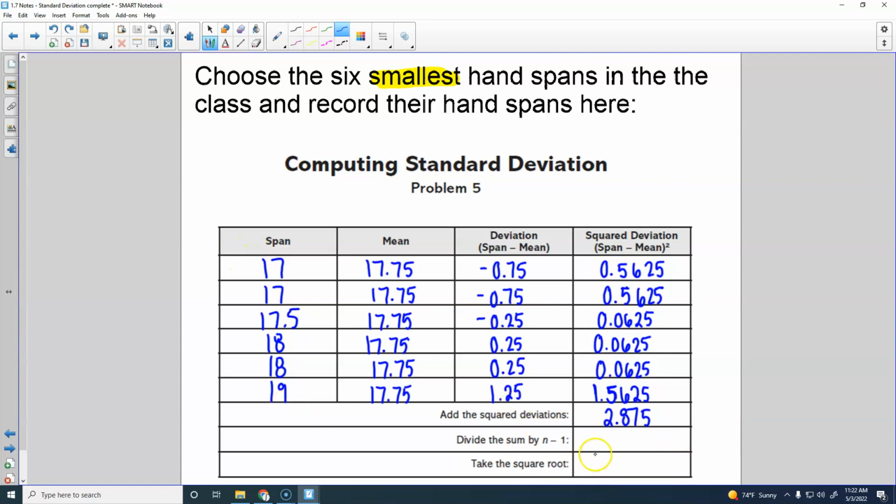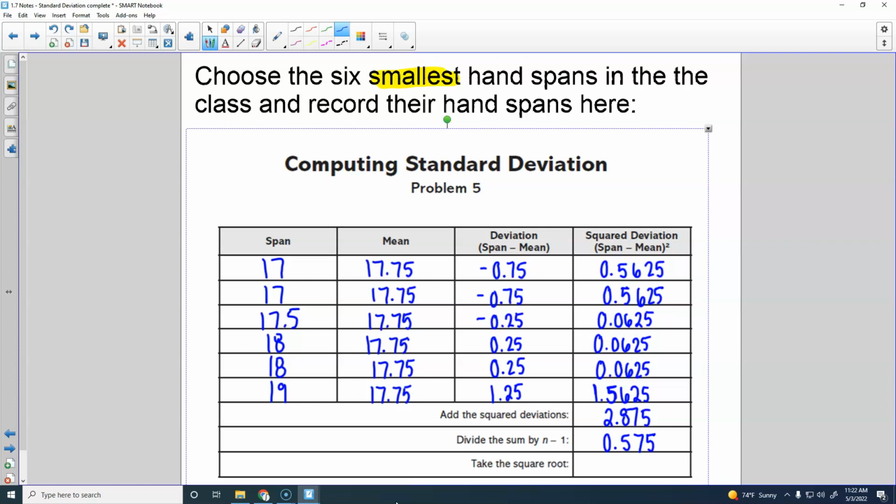I can't remember from statistics class exactly why, but they divide by n minus 1. So for whatever reason, they divide by 5 instead of 6 here. So we're going to take that number and divide it by 5. And then we take the square root to undo squaring all of those.